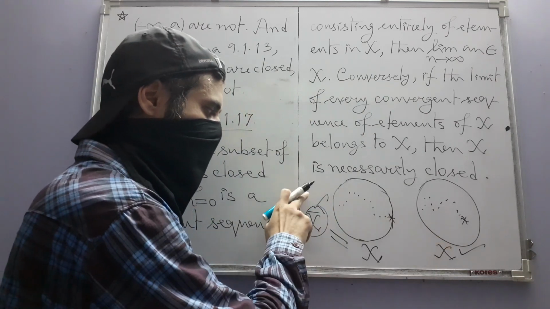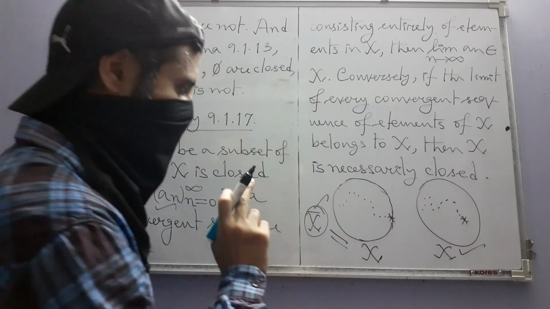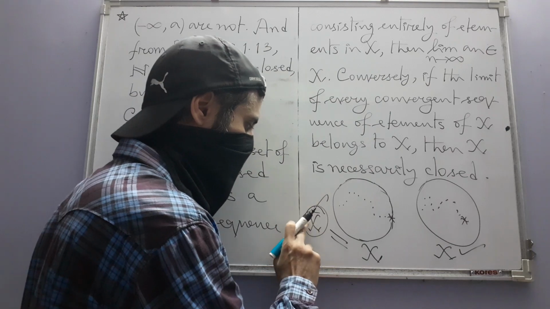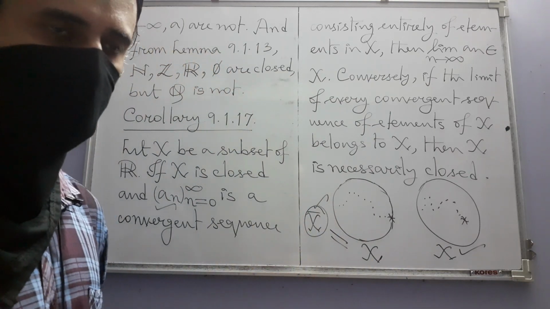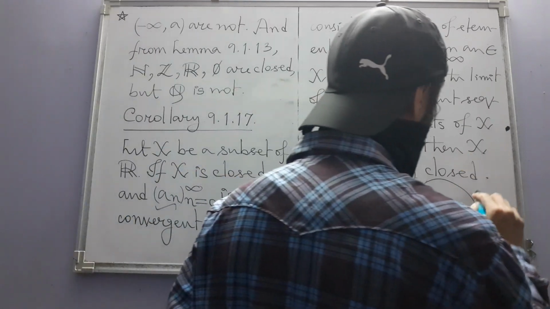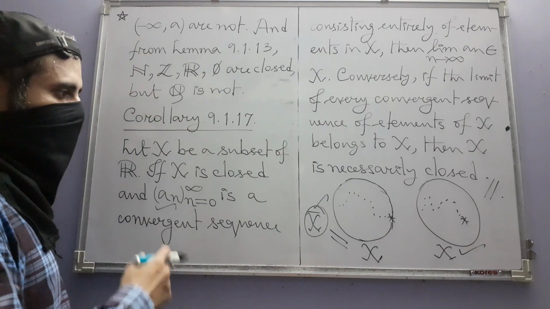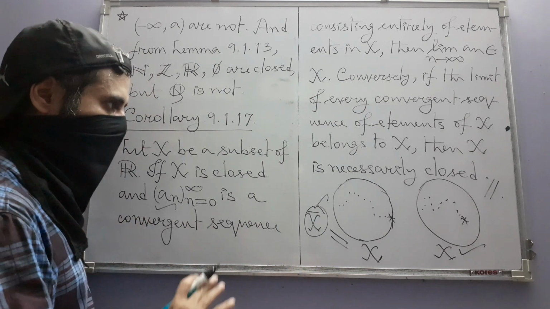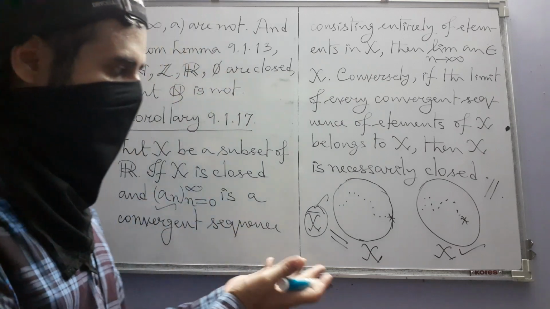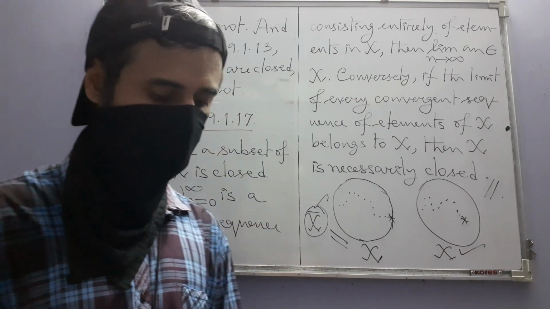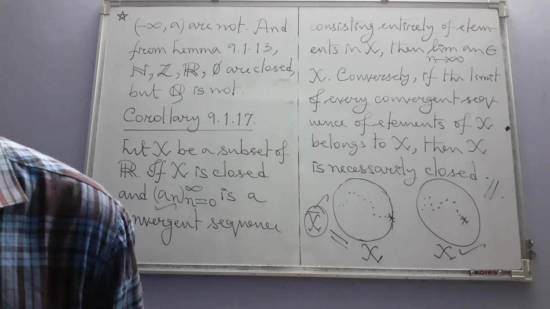But by our hypothesis, that point must then lie inside X. In other words, every adherent point of X is in X. So that's why X is closed. Okay, so that is how this is proved. It's so immediate and obvious that the proof is not there in the text, but you can see that it's almost obvious. And that's just it for tonight.